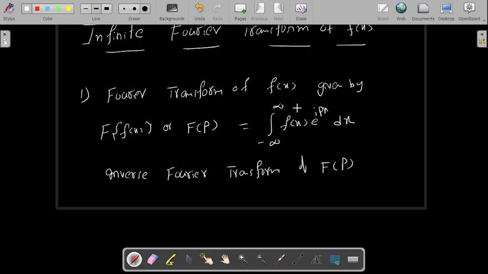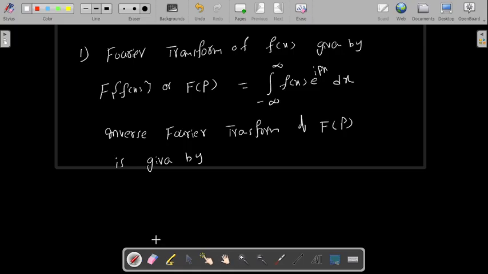It is given by the formula f of x equal to 1 by 2 pi integral from minus infinity to infinity of F of p e power minus ipx dp. This is the formula.